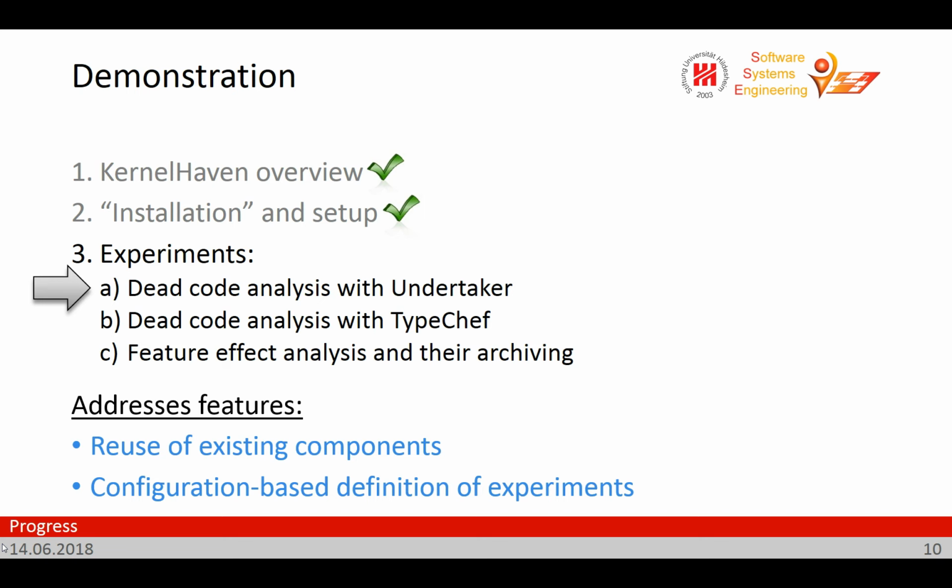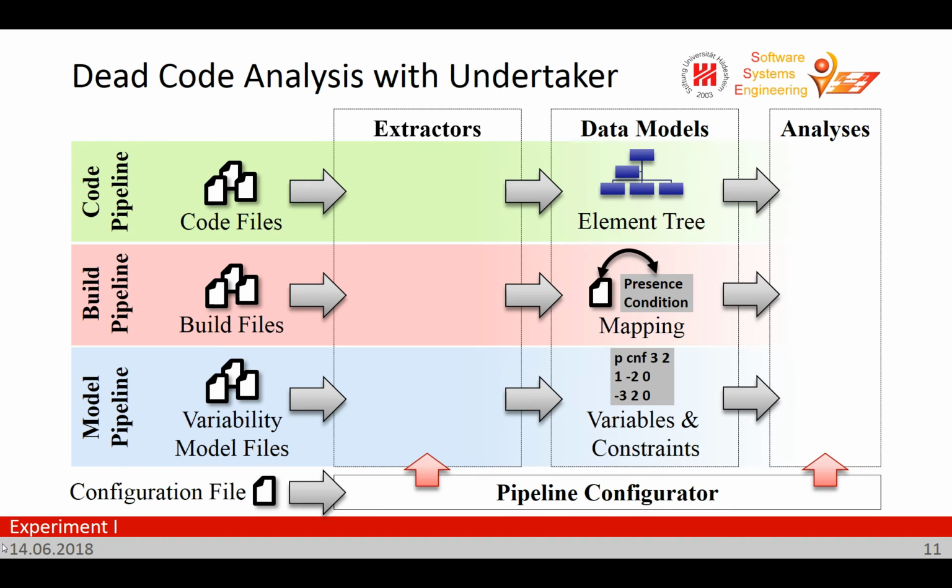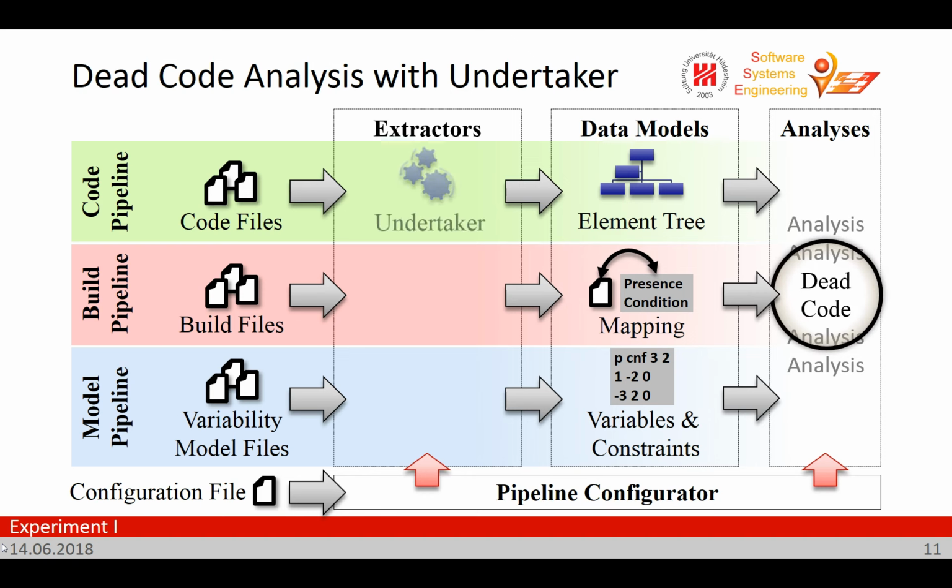What will happen in that experiment? First of all, this is the rather empty architecture we showed earlier. We first have to define what extractors to use to perform the dead code analysis. So we want to use Undertaker for code extraction, the KBuildMiner for build extraction, and KconfigReader for variability model extraction.